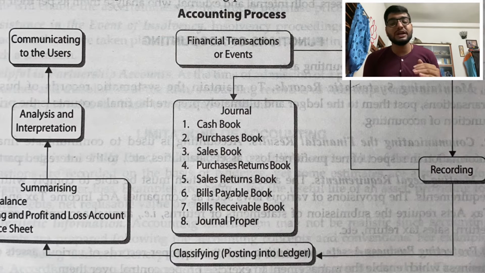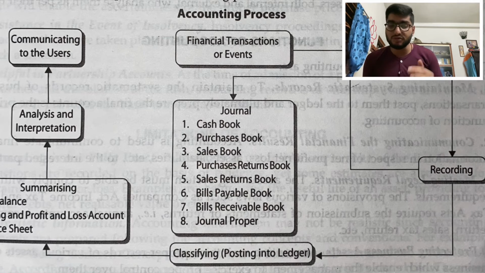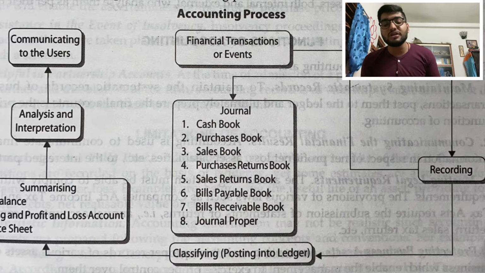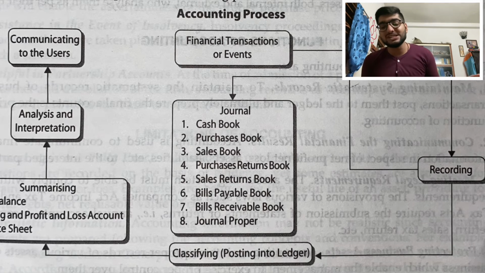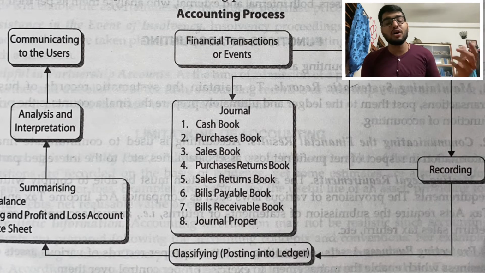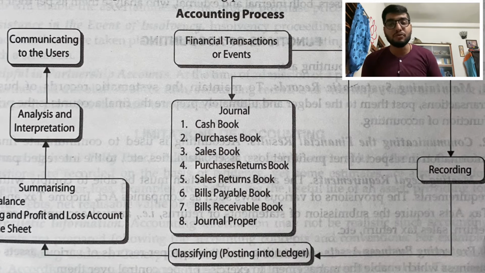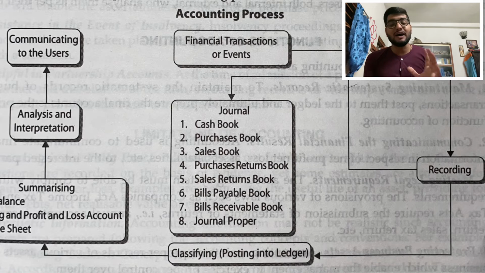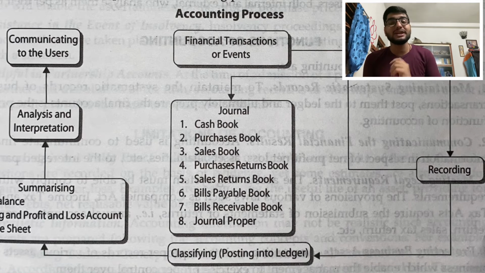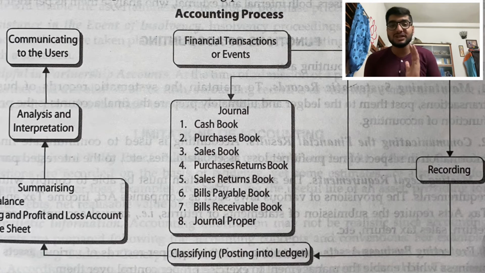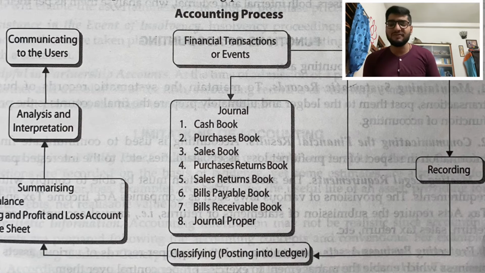Then we will be recording it in a cash book or a purchase book, sales book, purchase return book, sales return book, bills payable book, bills receivable book, or journal proper. Whatever the transaction may be, according to that we will be maintaining the books. That means we will be recording the transactions in any of these books. We will come to it in detail further.